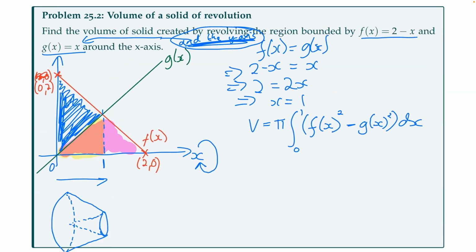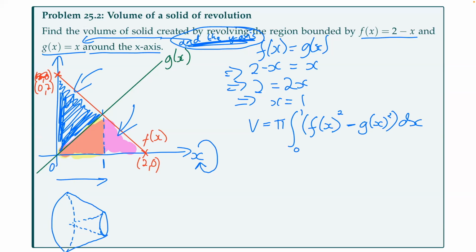The question doesn't state it, it says around the x-axis, but it doesn't state where the third side is. So you don't know whether you're this one or this pink thing here, because this is also a region that is bounded by the green and the red lines. So it needs a third side.